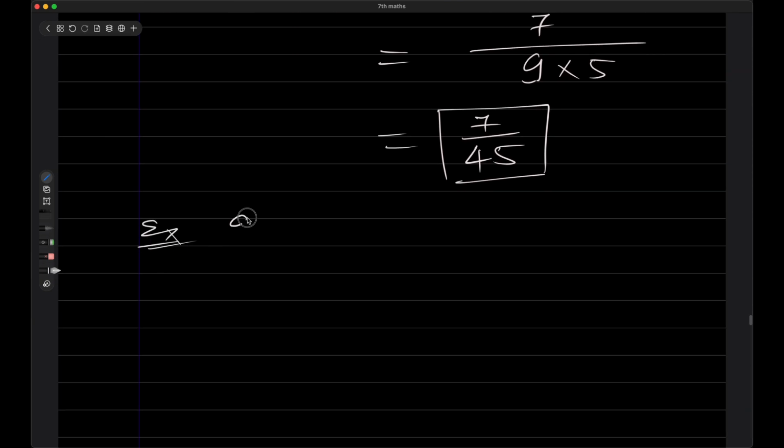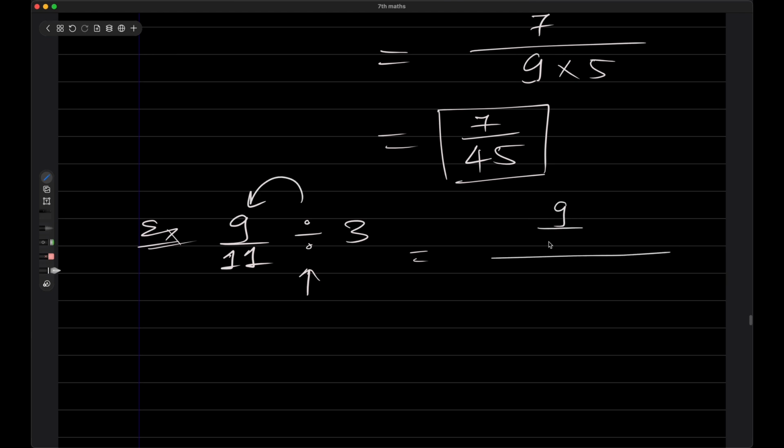Fraction, let us take it as 9 divided by 11 divided by 3, that is whole number. Now starting from division sign, write left side above division sign, that is 9 divided by 11, right side below the division sign, that is 3.